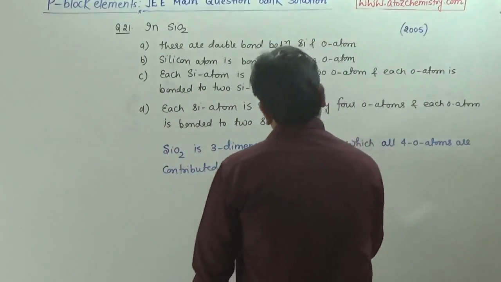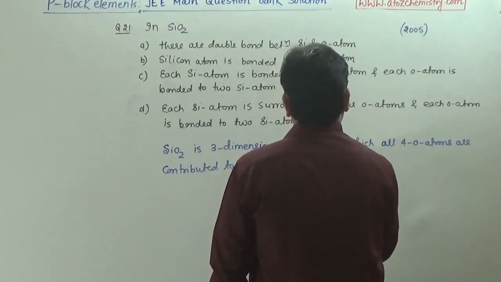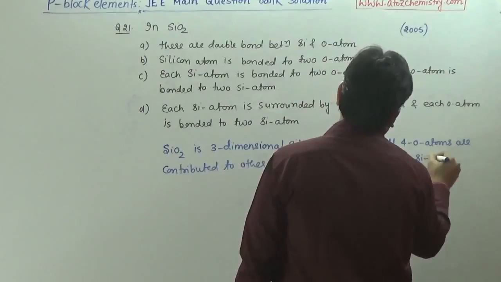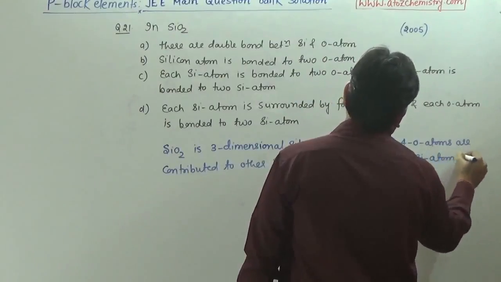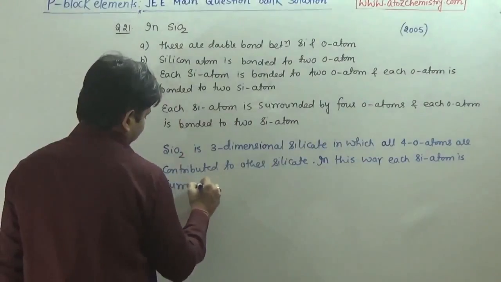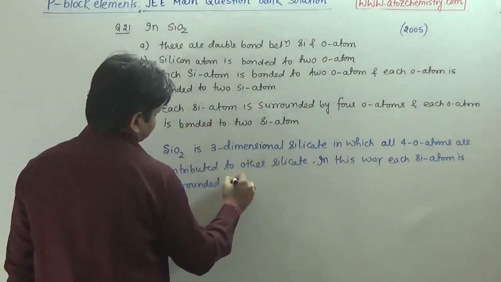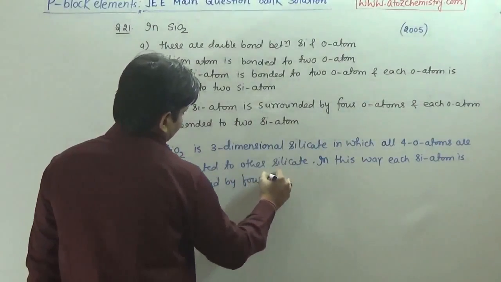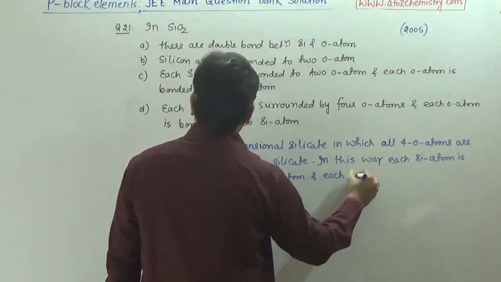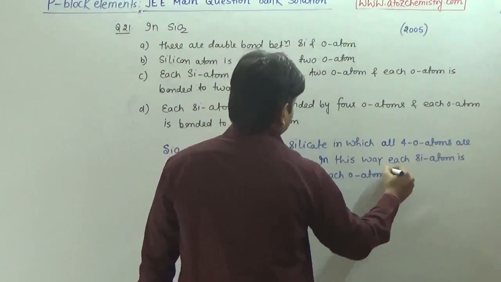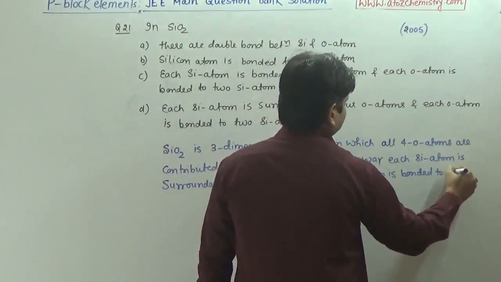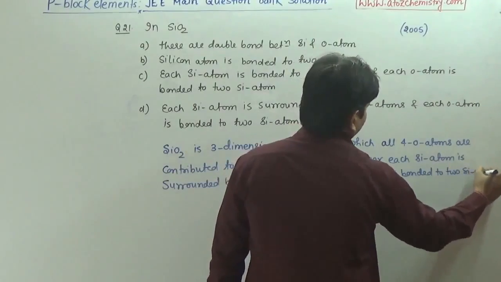In this way, each silicon atom is surrounded by four oxygen atoms, and each oxygen atom is bonded to two silicon atoms.